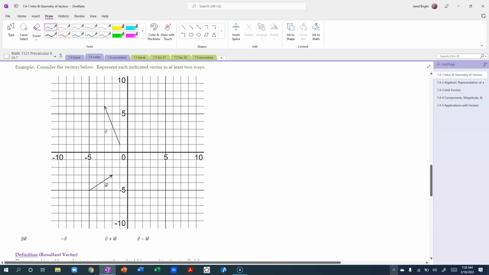Effectively, 2w would be the same as doing w and then adding w to that. You might say, isn't it twice as long? And you'd be exactly correct. But you have to maintain direction and do twice the magnitude. So direction remains unchanged, magnitude is doubled.